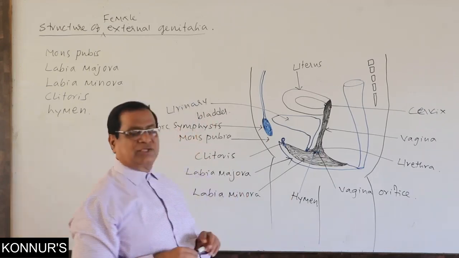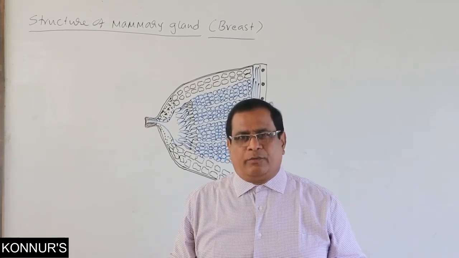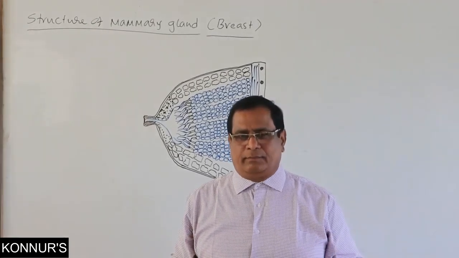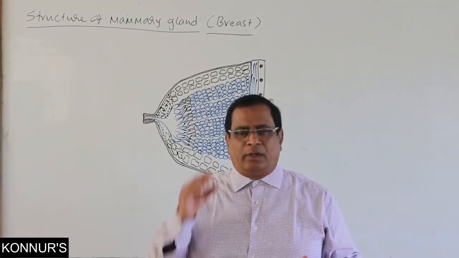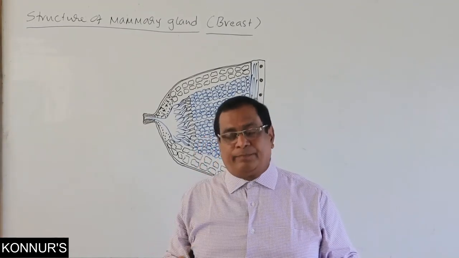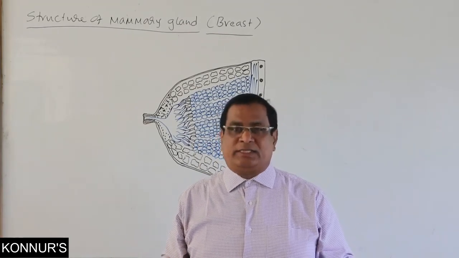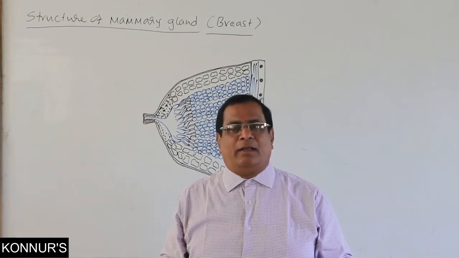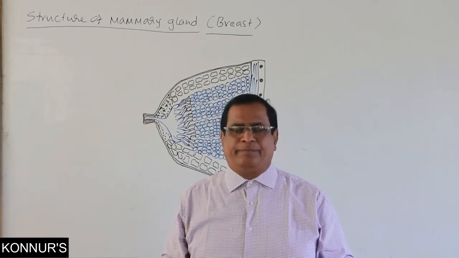It's about external genitalia. We have studied about the female reproductive system. That female reproductive system includes a pair of ovaries, a pair of oviducts, uterus, and the female genital organ, vagina.